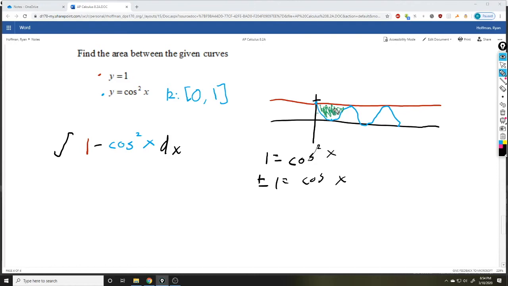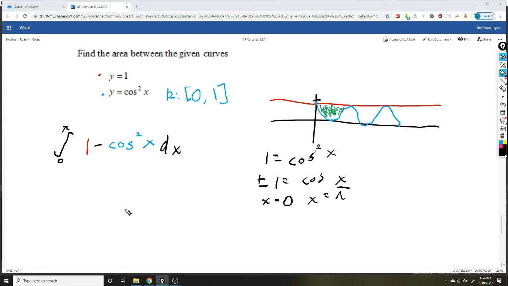So if I'm looking in this area, the first time cosine hits 1 is at 0. And then if I go through my cycles, at pi over 2 it's at 0, and then at pi is the next time cosine is positive or negative 1. So x equals 0 is my first point, and x equals pi is my second point. So that's what I'm integrating from. I'm integrating from 0 to pi.